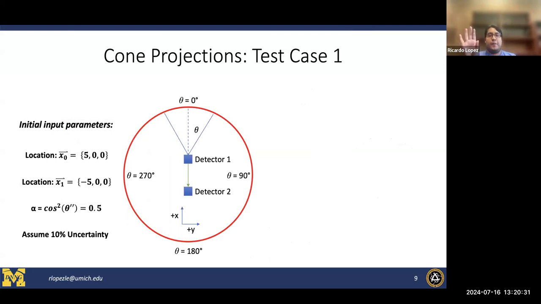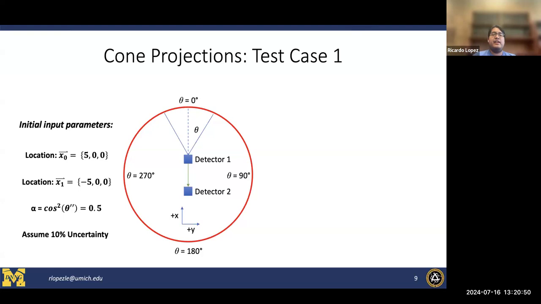So here we have a particular scenario where the figure that we're seeing in the middle of the slide, we're looking at it from a top-down view, where out of the screen would be the z-axis, left to right would be our y-axis, and up and down would be our x-axis.